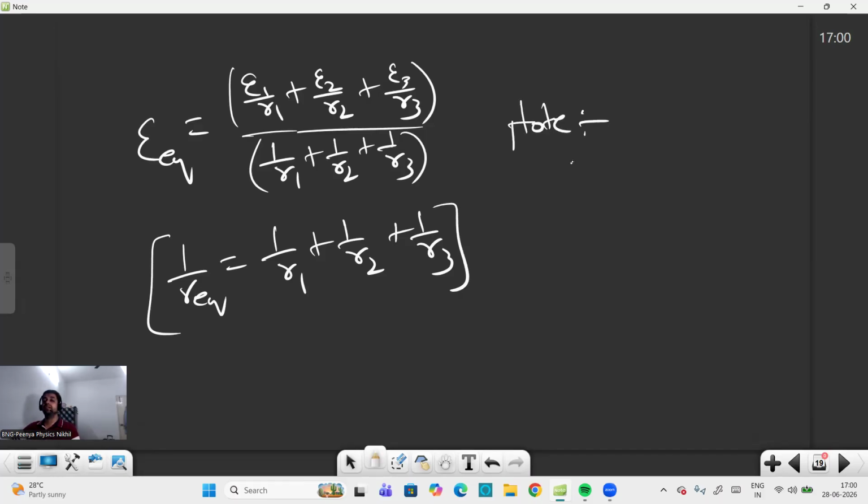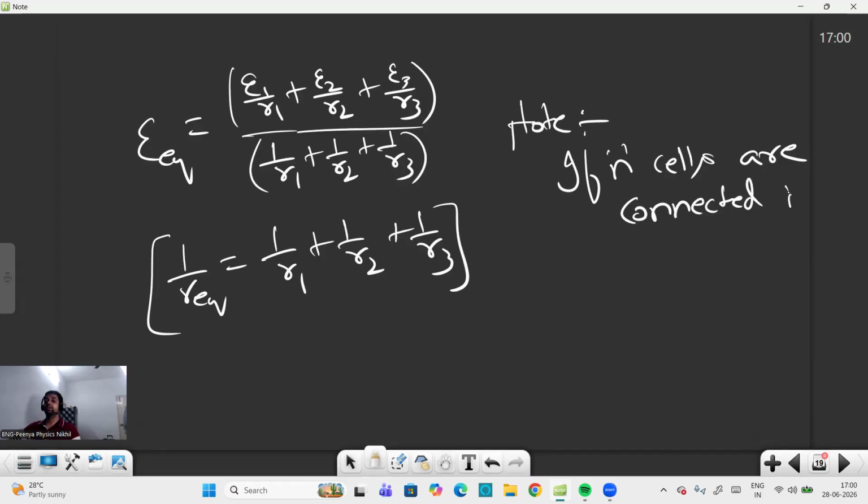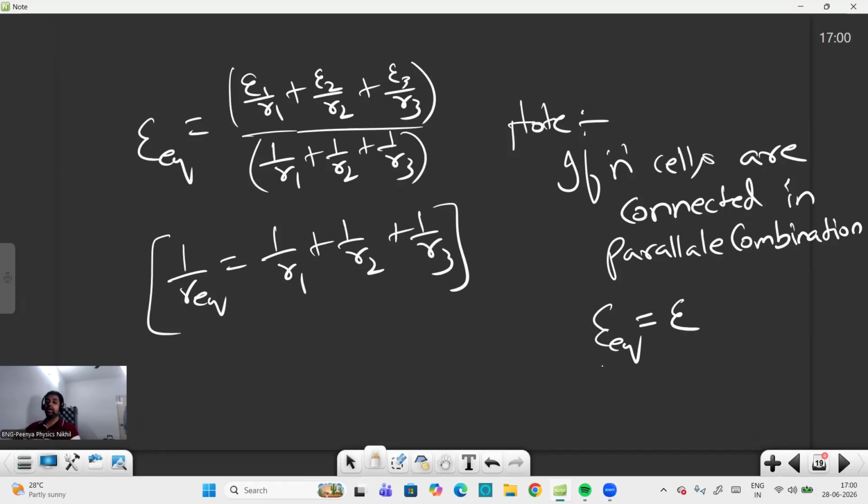If n cells are connected in parallel combination, then E equivalent equals E and R equivalent equals R by n.